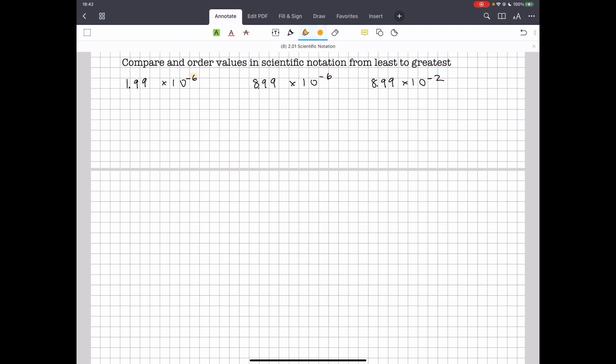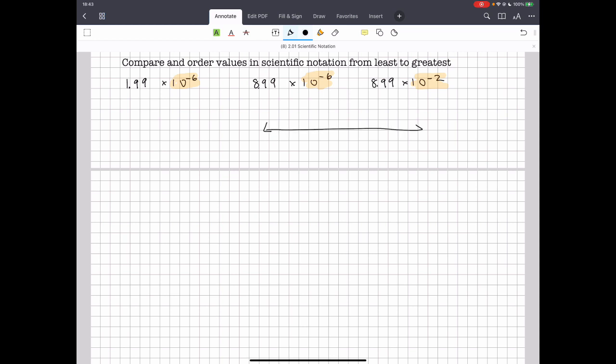So I'm going to start with the powers of 10. We have 10 to the negative 6, 10 to the negative 6, and 10 to the negative second. The key here to remember is that negative 2 is greater than negative 6, right?